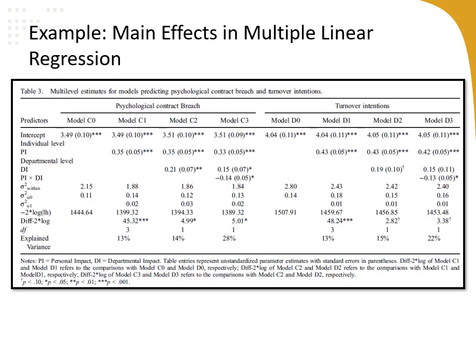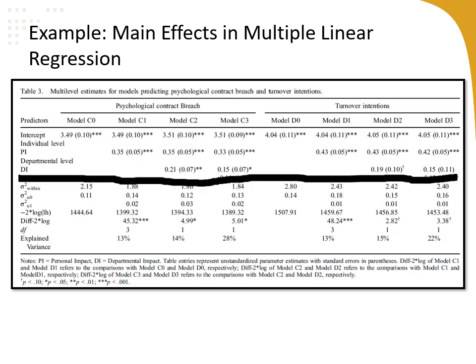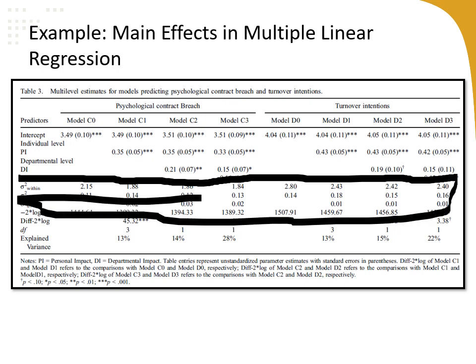So now let's look at psychological contract breach and turnover intentions as dependent variables. And we are going to get rid of this. It's not going to get me again. We don't care about any of this. All right. We're only looking at the main effects right here, looking at one independent variable at a time, not how they work together. All right.